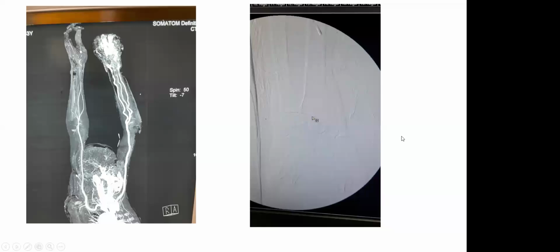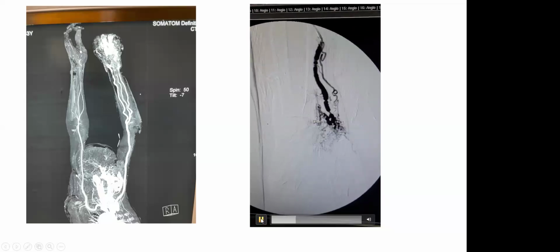And then you can see that large mass of abnormal vessels within the hand, and you can see that you can't see the digits. They had auto-amputated previously.